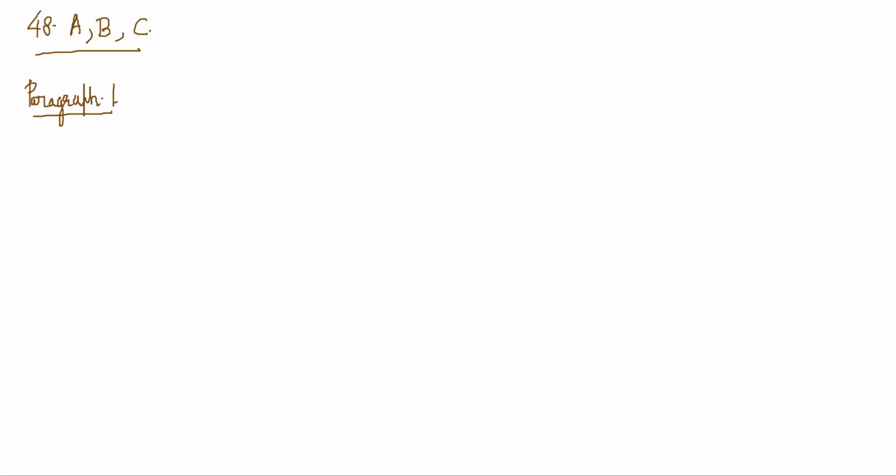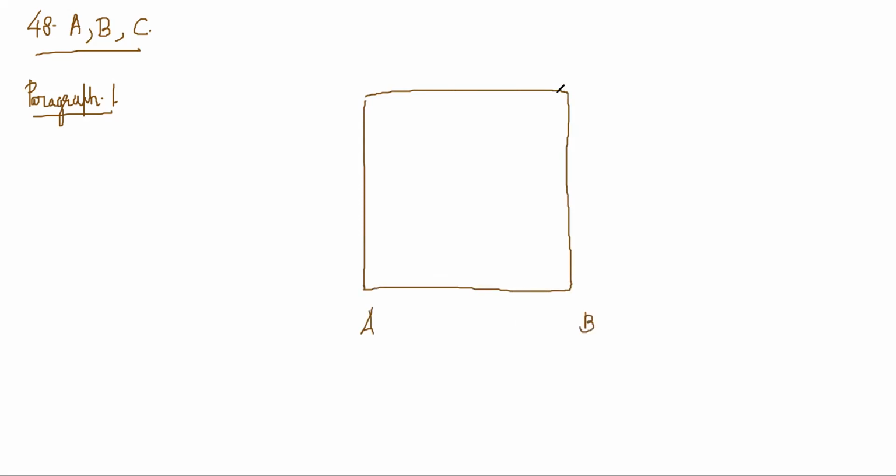So A, B, C, D, and you have a circle touching side CD and passing through A and B. And you have another circle through B and C and touching side AD.